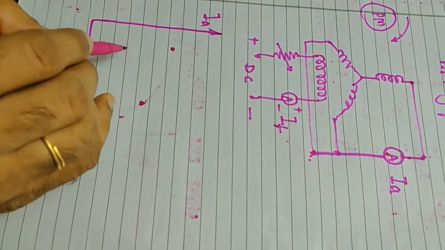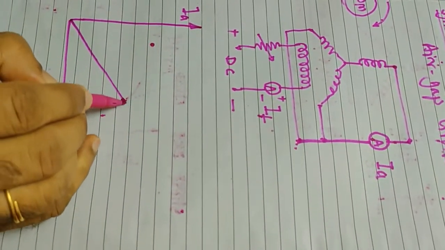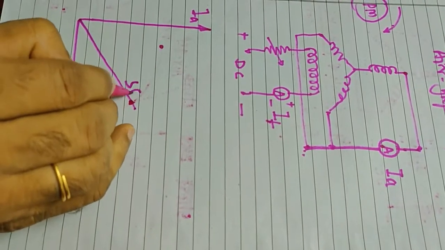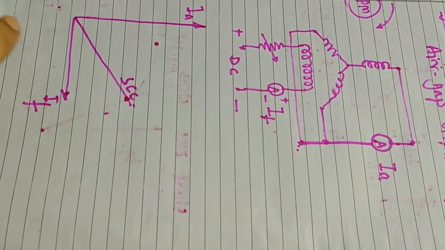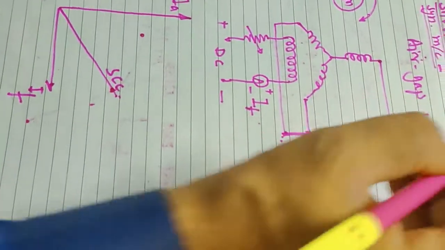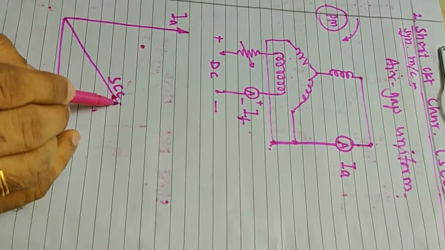So the armature characteristics look like this; this is the short circuit characteristic. The open circuit characteristic is a curve, whereas the short circuit characteristic is a straight line.